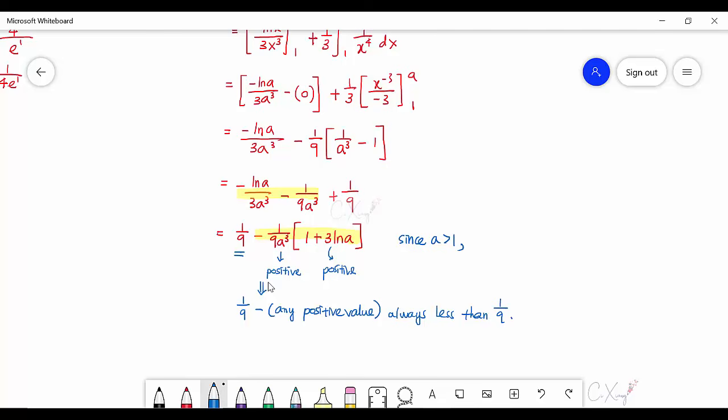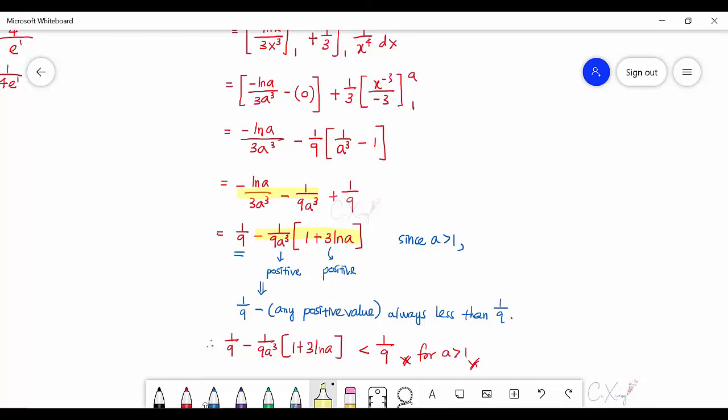Because you are having a positive value, so 1 over 9 minus any positive value, the answer is always less than 1 over 9, and therefore you can make a conclusion here: 1 over 9 minus 1 over 9a power 3. So the answer for our integration is always smaller than 1 over 9 for the value a greater than 1.